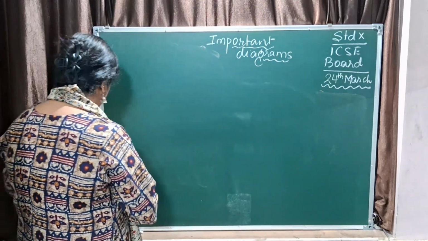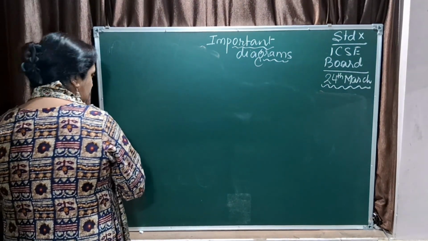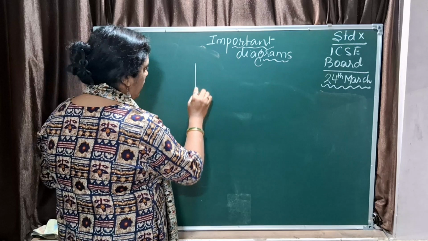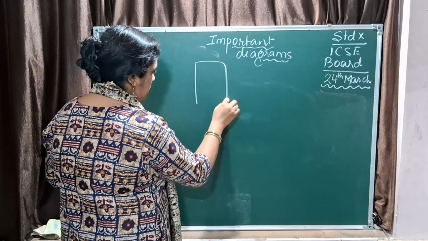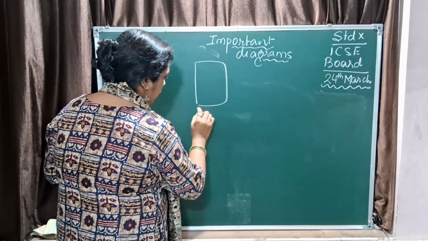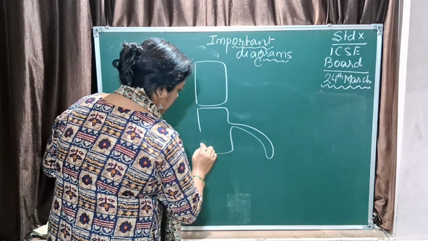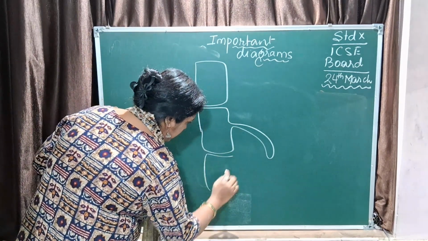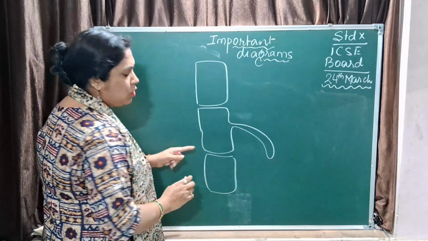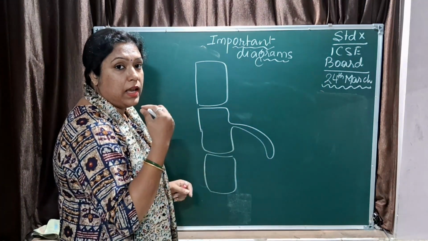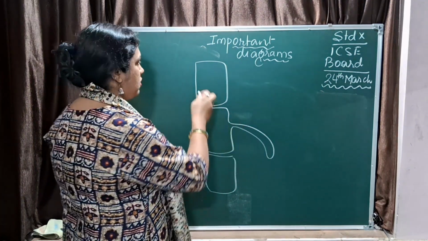Root hair, it's again a very simple diagram to draw. You have to make compartments, make a rectangle, make one more rectangle with an extension and one more rectangle. This shows that the root hair is a unicellular extension.